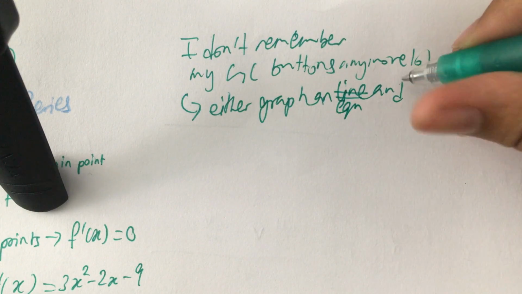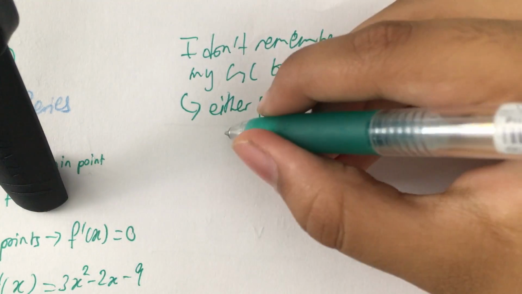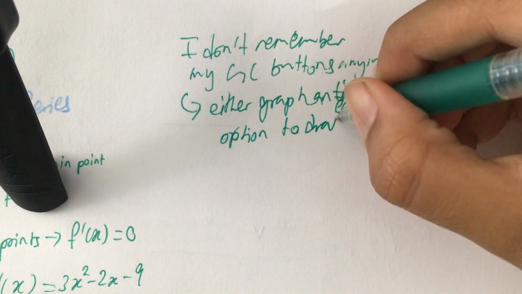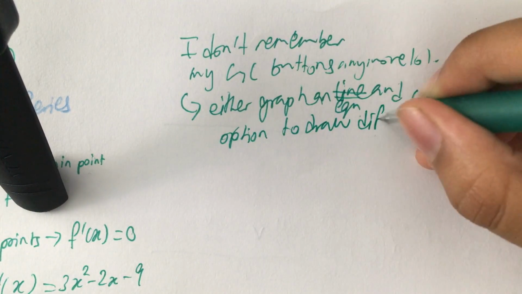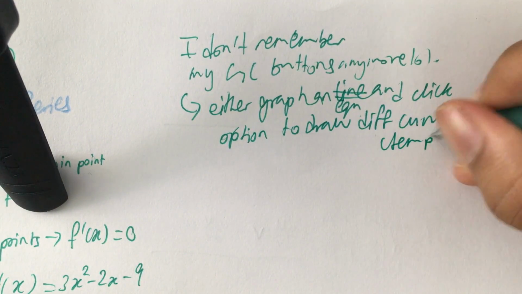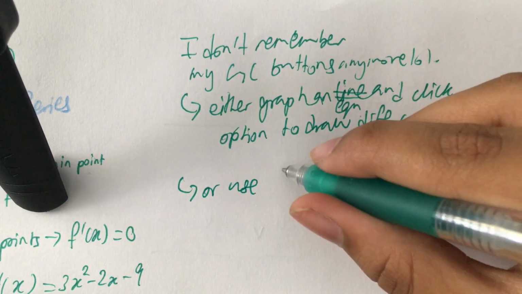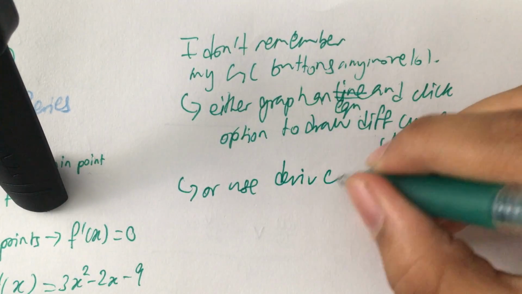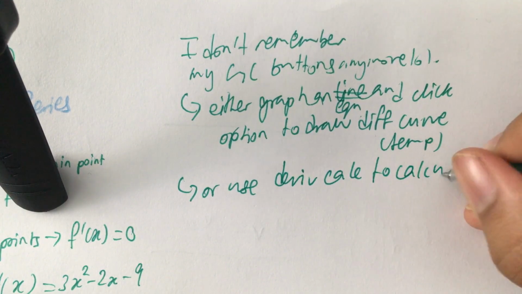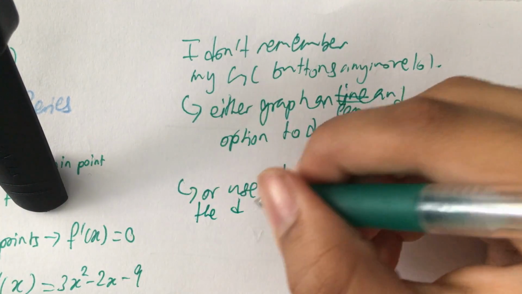So how do you use your GC to find dy/dx? Basically just type your function first, or you can use the function that allows you to go directly to a derivative calculator, and you type your function and it should graph it out. Or you can type the function beforehand, it will graph the actual curve, and you can use an option that allows you to graph the derivative of that curve.